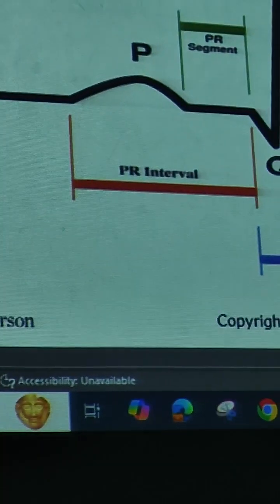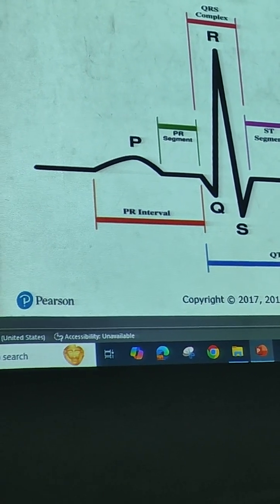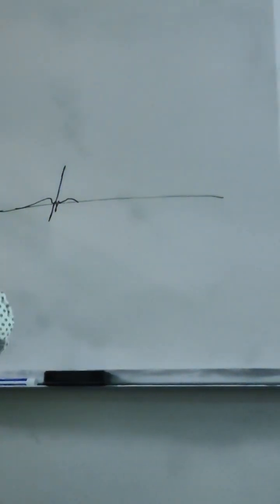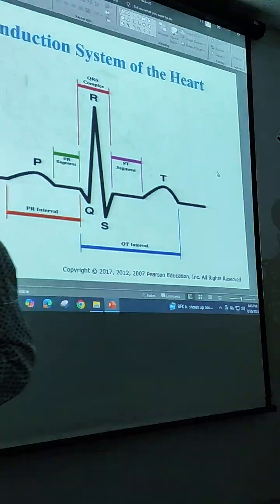This is not good because I have to see this on an EKG always. I have to see all these little spaces in between. Waves, spaces, wave, spaces. See? Wave. After this space, wave, space, wave, space.